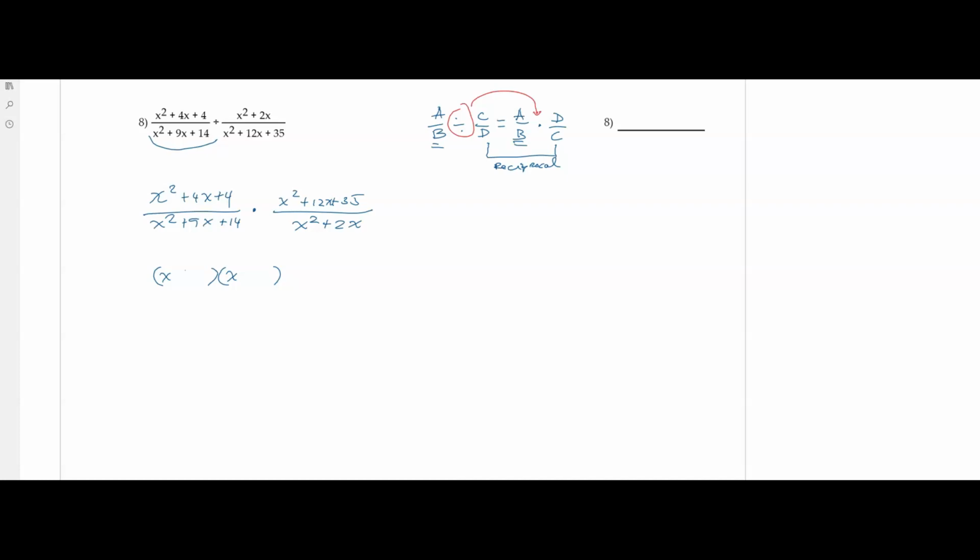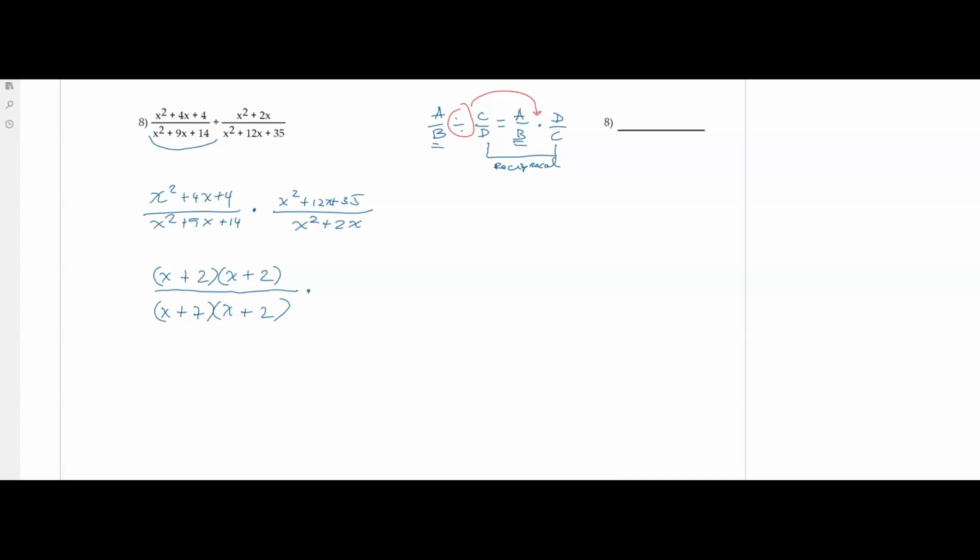It's 2 and 2, so plus 2, plus 2. Beautiful. The bottom one, again a trinomial, we have x and x, and then the product of 14 where the sum is 9. So you have 7 and 2, so plus 7, plus 2.